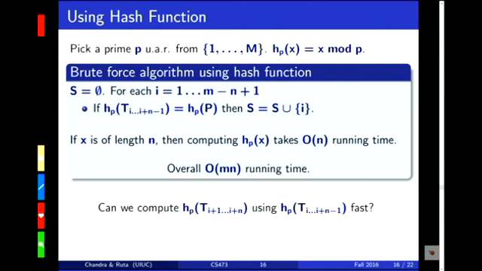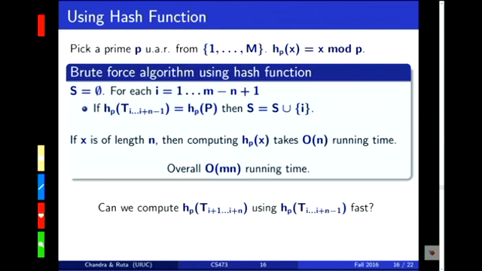But maybe when I go to the (i+1)th index, I have already done the ith index, and maybe I can use the hash at the ith index to compute the hash at the (i+1)th index. Suppose somehow, magically, I compute the hash of the substring at i+1 using the hash of the substring at i in order 1 time.